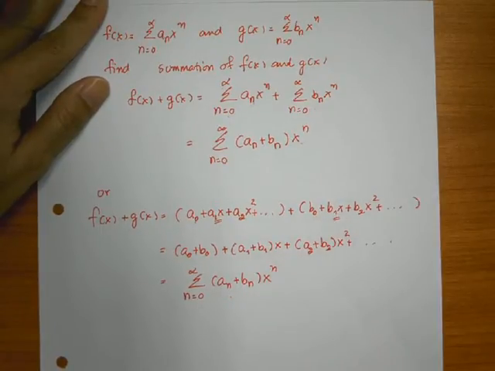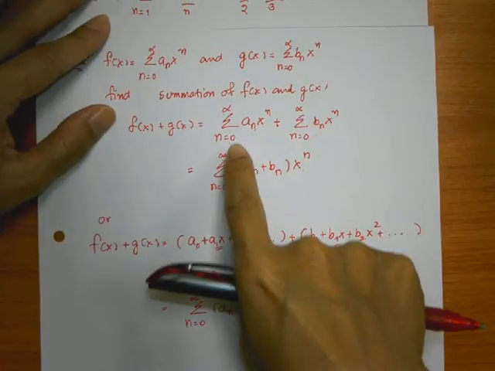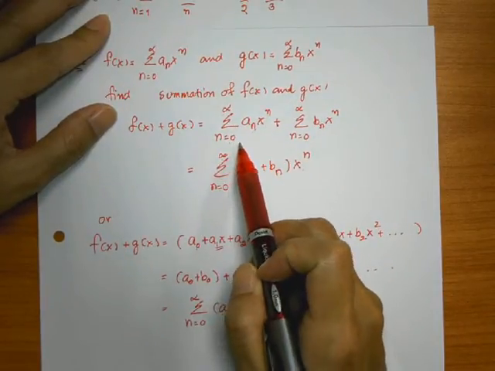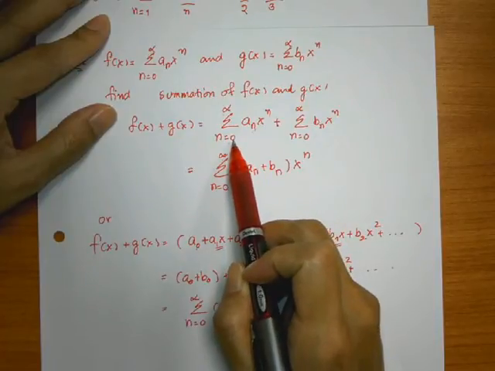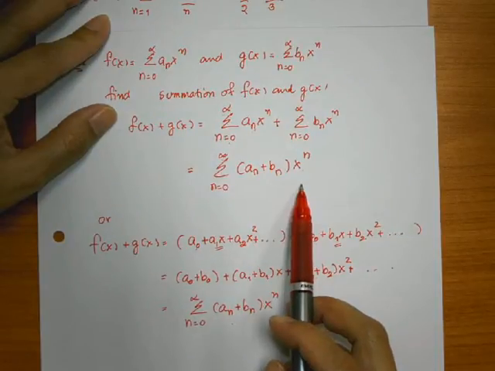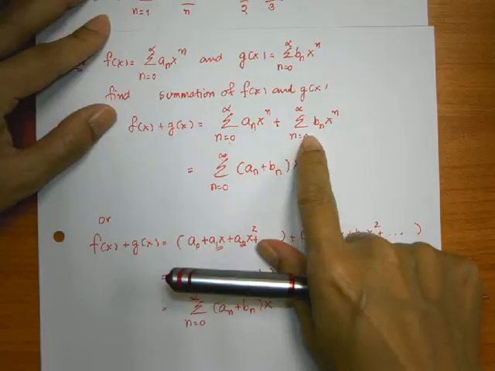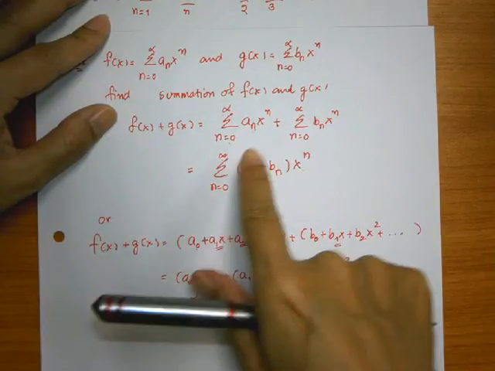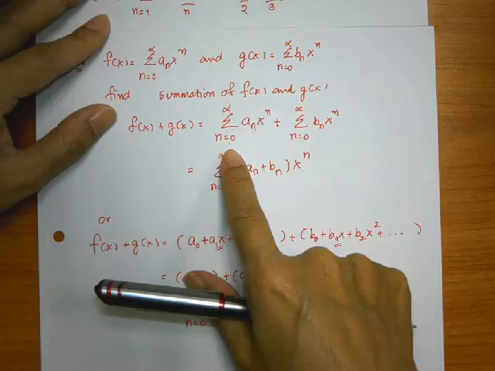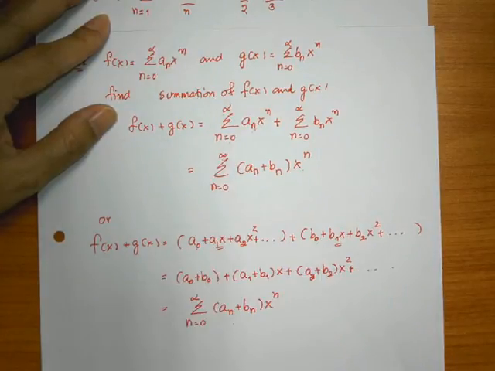And the reason I can do this is that whenever you do the summation, you have to be careful about the limits of n. If n starts at the same place, then you can do it like this. But if one starts from n equal to 2 to infinity and the other is n equal to 0 to infinity, you just can't sum it right away. You have to make the limits start at the same point first, and then do the summation of the rest of the terms. Okay?